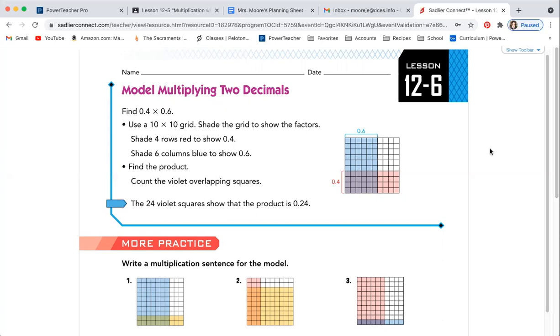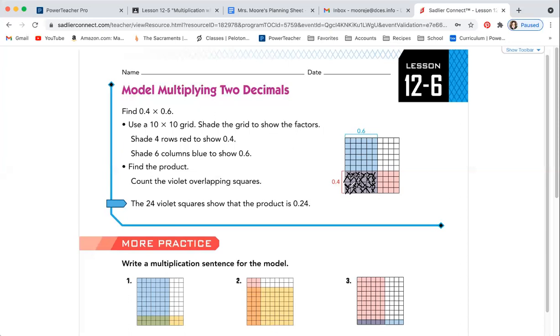One extra piece that I'm going to recommend is that we put X's on the overlapping spots, because that acknowledges, I know where the answer exists. I know where the product is. The product is the place that contains both regions of shading, right?